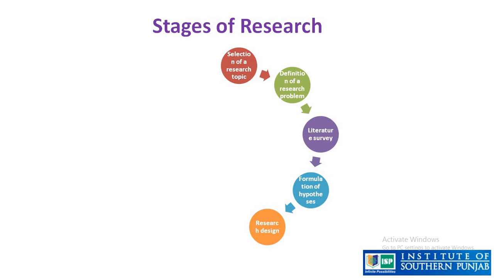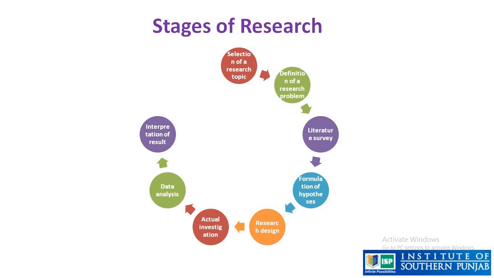Then research design. Then actual investigation. What is your actual investigation? Then whatever data you have obtained, analyze that data. This is called data analysis. Then interpretation of your results, where in tables you will write down your results for obtaining an optimal solution.